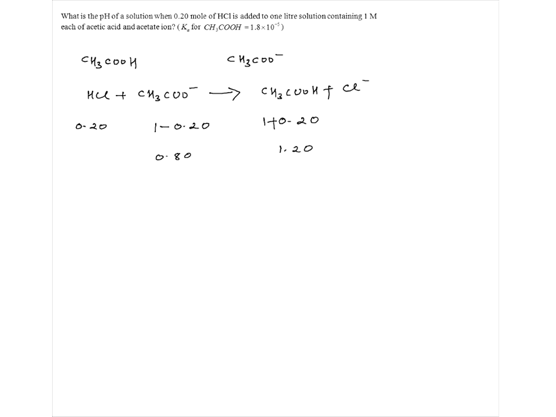Okay? And now you can calculate the pH using the standard Henderson's equation, pH equal to pK plus log of anion divided by acid. So I am putting up the working on the board.